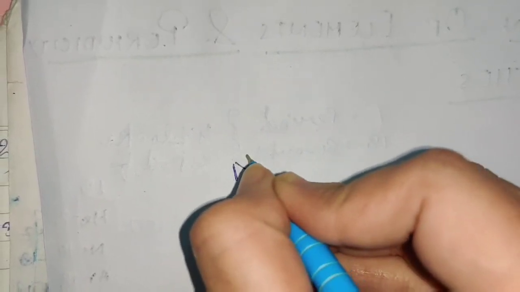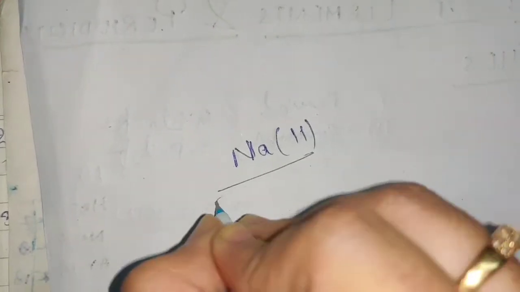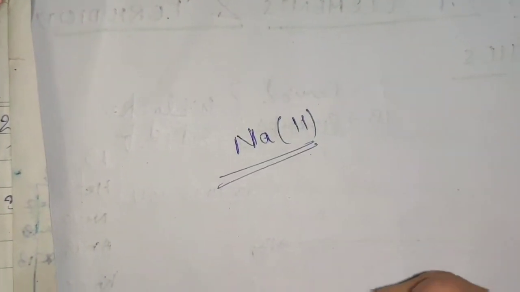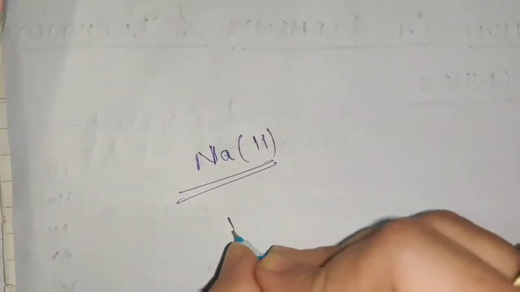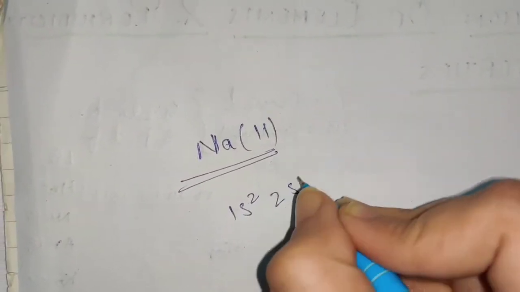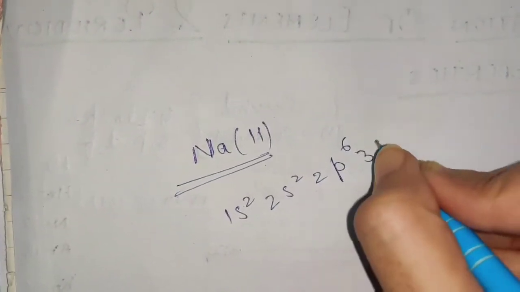Suppose I take an example of a group 1 element, say sodium, atomic number 11. When you write down the electronic configuration following the Aufbau principle for sodium, it will be 1s2, 2s2, 2p6 and 3s1.